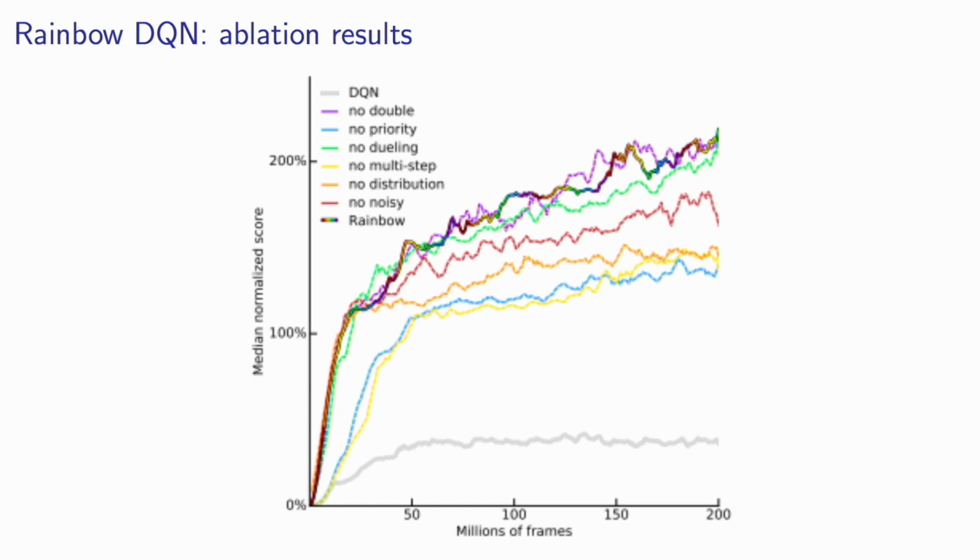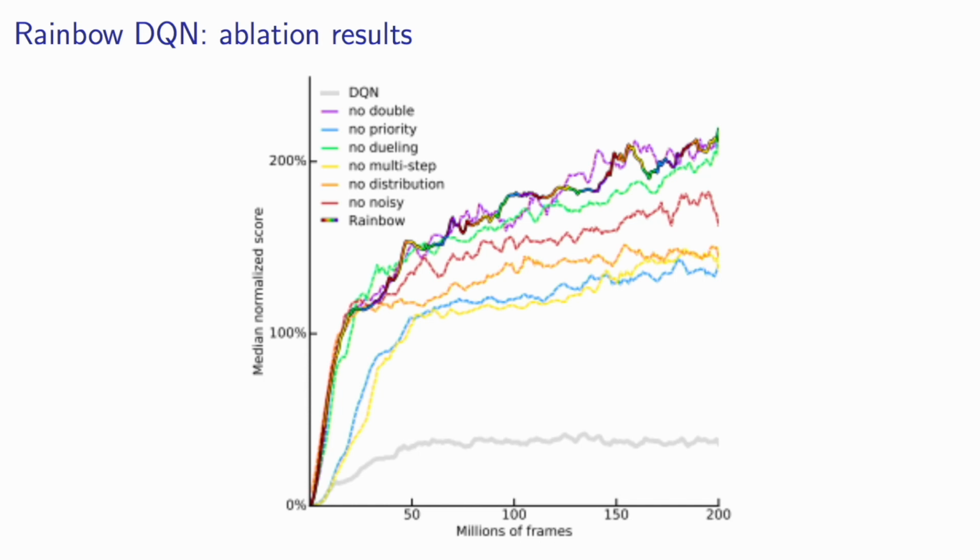The way to interpret this plot is to look at the lowest lines here. Basically it means that component was really important in this combination. So the lowest three lines at the bottom are, in yellow, the multi-step learning, in blue, the prioritized replay, and in orange, the distributional RL.